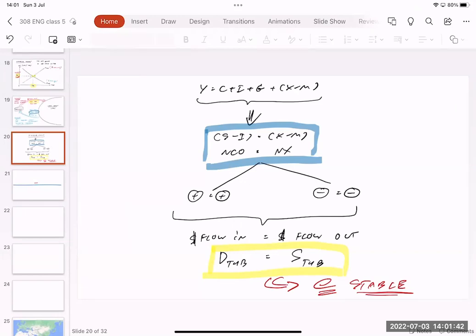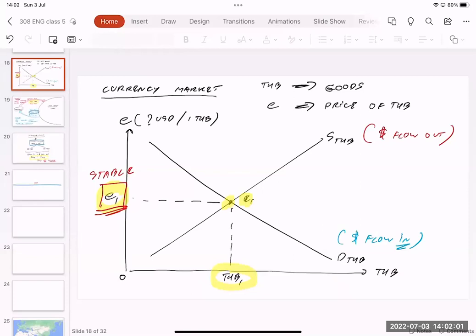NCO always equals NX, either positive equal to positive or negative equal to negative. So as long as the money flowing in equals the money flowing out, demand for Thai baht is going to be equal to supply for Thai baht. Then the nominal exchange rate will always be stable, always be the same.